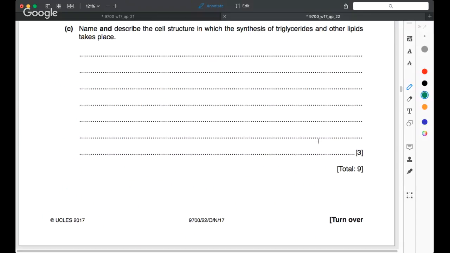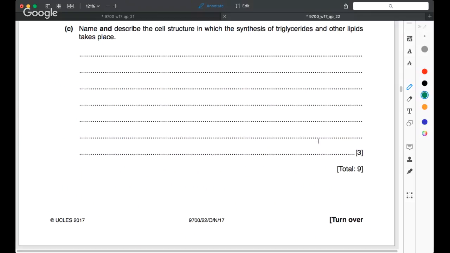Describe the cell section or the synthesis. Smooth endoplasmic reticulum. One mark. Okay, describe it.